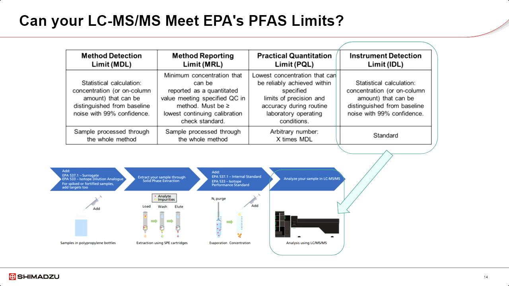So when someone asks me about the LC-MS limit that can be achieved, I like to talk about the instrument detection limit, and we'll get back to that point at the end of the webinar.